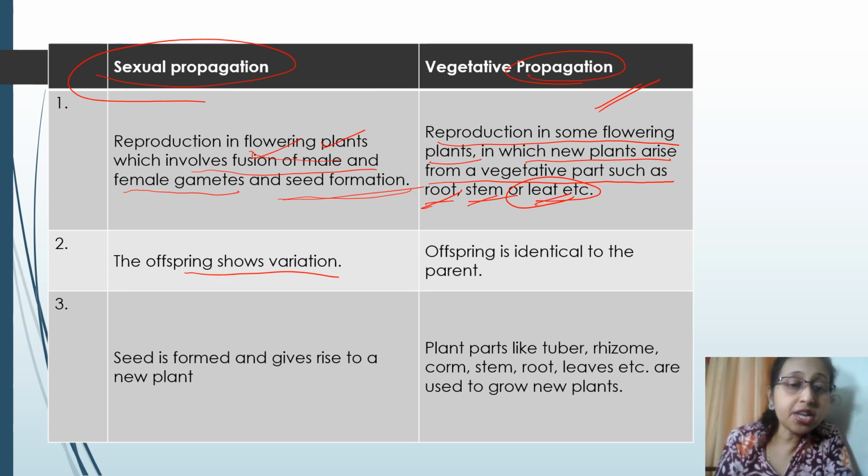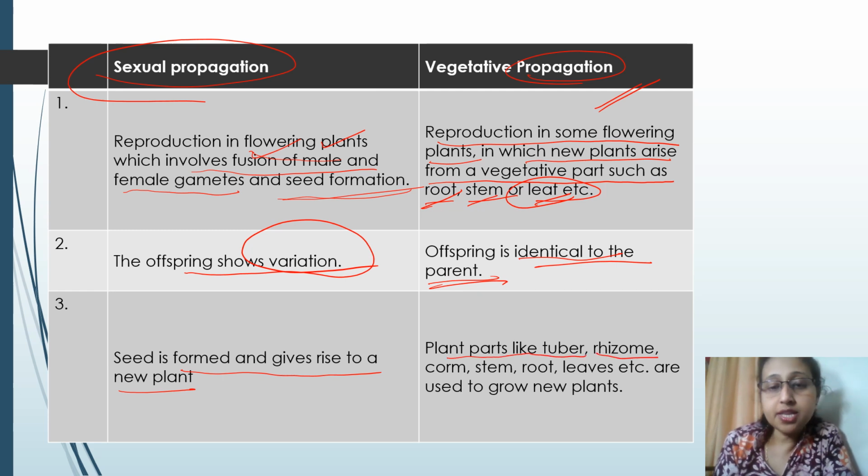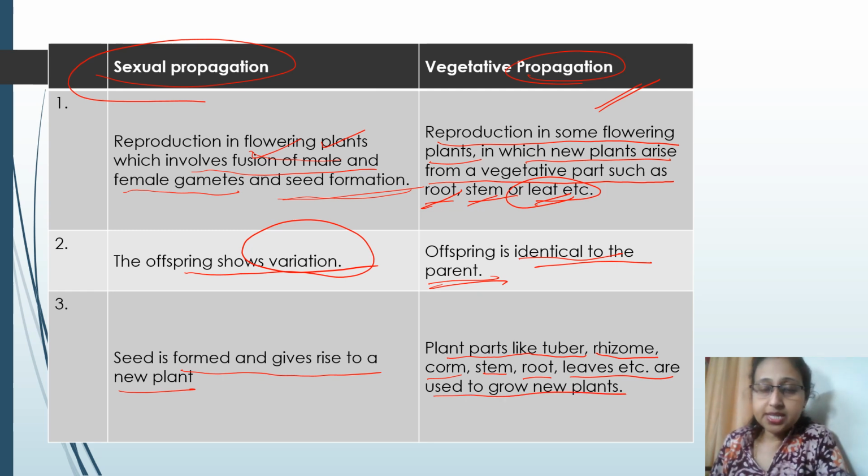The offspring shows variation in sexual propagation, but the offspring is identical to the parent in vegetative propagation. Seed gives rise to a new plant in sexual propagation, whereas parts like tuber, rhizome, corm, stem, root, leaves, etc. are used to grow new plants. So is it clear? Now we will move on to the next part.